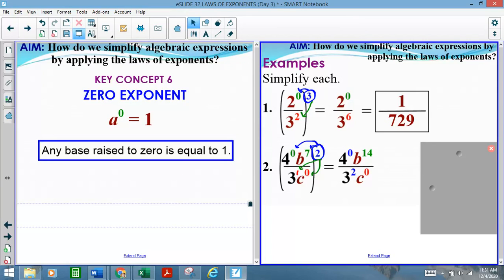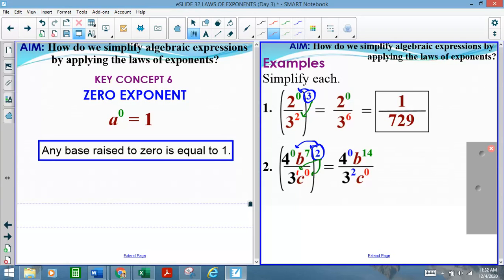Our work is 4 to the 0 power, because 2 times 0 is 0, b to the 14th power, because 2 times 7 is 14, over 3 to the 2nd power, because 2 times 1 is 2, then c to the 0 power, because 2 times 0 is 0.